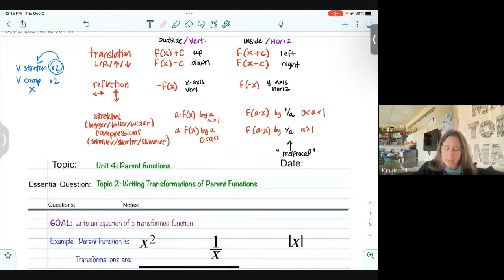So when we see in an equation, for example, I'm going to do absolute value. We see the absolute value of 2/3 x. So the first thing we're going to do with that is go, okay, that 2/3 is inside those absolute value bars. So it looks most like this. It's a multiplication and it's inside the parentheses.